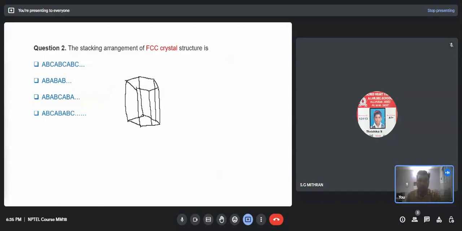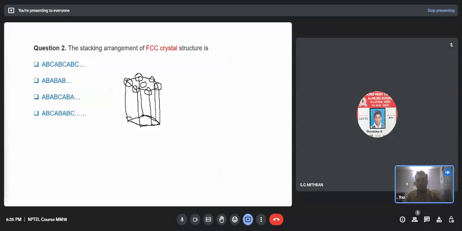Here is hexagonal packing. So the atoms will be present in these corners and the middle of the space.